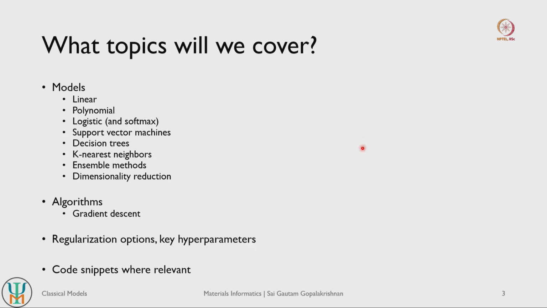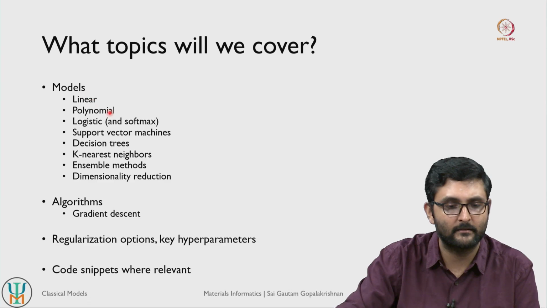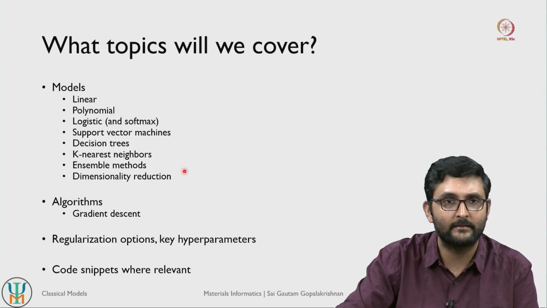Alright. So what topics will we cover in this lecture or the subsequent few lectures? We will cover a few models: linear, polynomial, logistic models, support vector machines, decision trees, k nearest neighbors, and ensemble methods. We will increase the extent of complexity as we go down this axis.